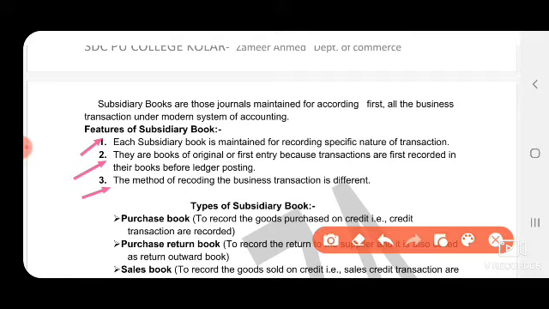So recording the transaction is very easy when compared to a journal. For example, purchase transactions will be recorded in the purchase book, sales transactions in the sales book and cash transactions will be recorded in the cash book. So in the purchase book and sales book, only credit transactions are recorded.